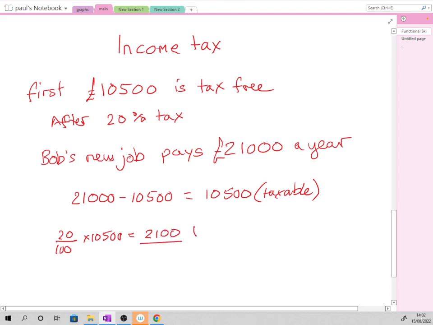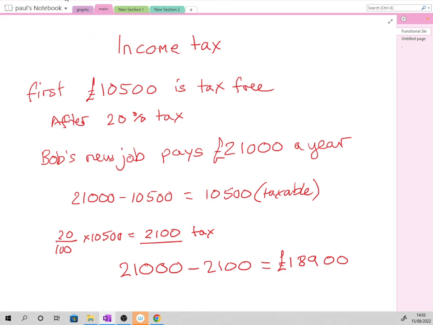So this is how much tax he's going to pay. If you take the total money he gets minus 2100, he will come out with £8,900. Okay? So he's going to lose a couple of thousand pounds in tax.